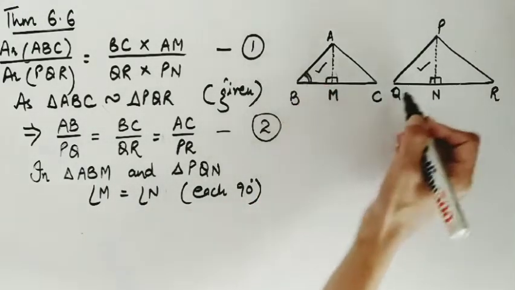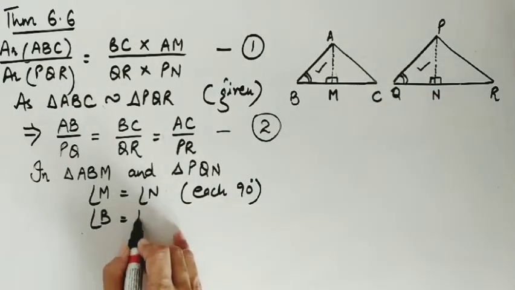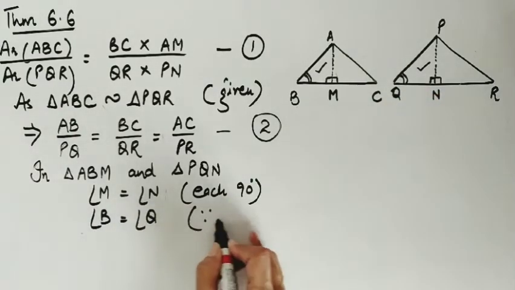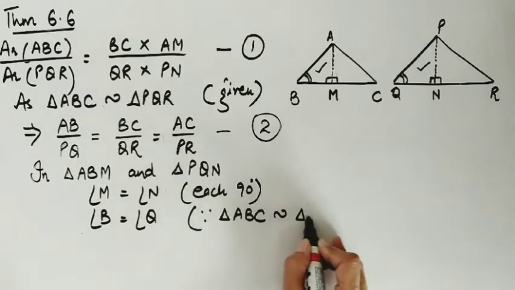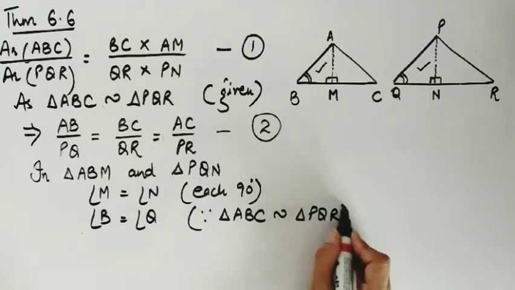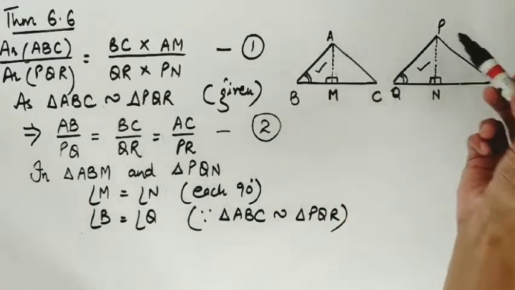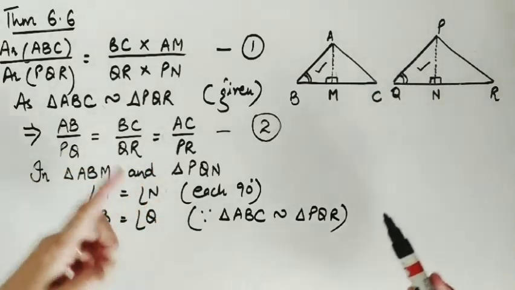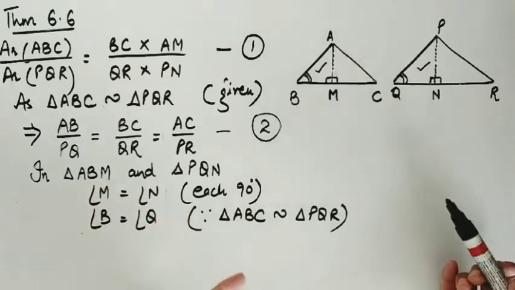Angle B is equal to angle Q. Why are they equal? B and Q are equal because triangle ABC is similar to triangle PQR. We know whenever two triangles are similar, each and every corresponding angle would be equal. What does it mean when I say each and every corresponding angle?